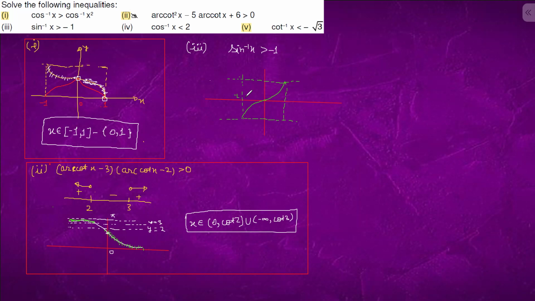This point is minus 1, and this point is 1.